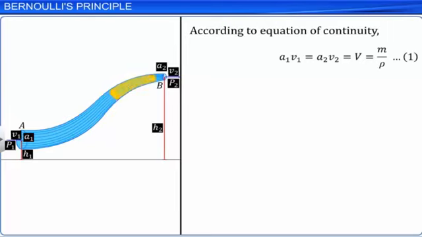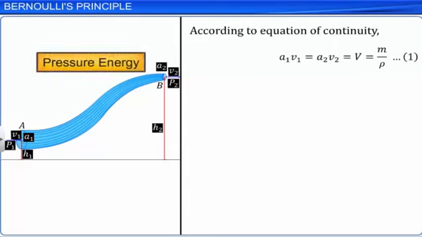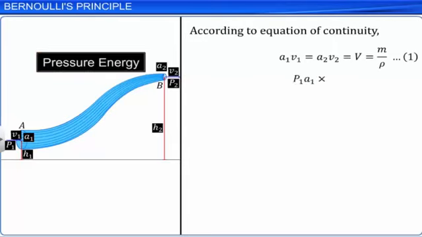Thus, the work done per second on the liquid element against the force due to pressure at A, which is referred to as pressure energy, is given by P1A1 into V1, which is equal to P1V. Let this be equation 2.